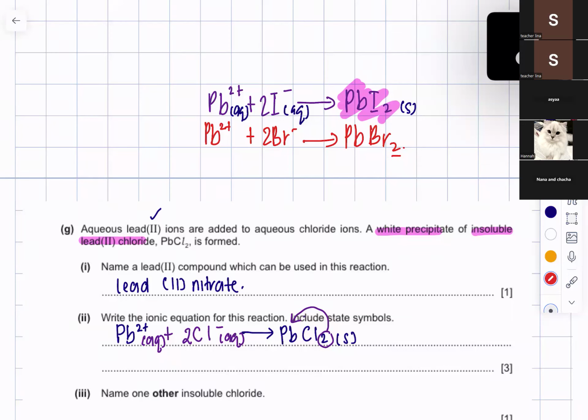Nana. Pb2+ is aqueous. PbBr2, that one is what? Solid. Solid.